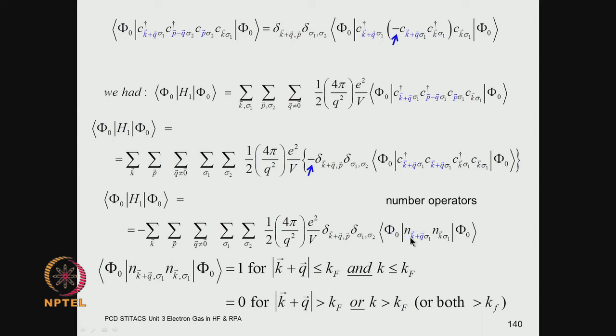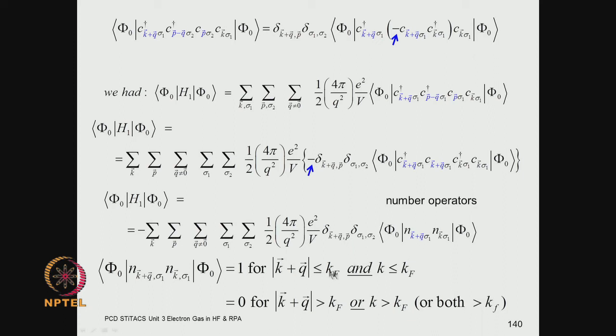So, the first number operator spells out that this matrix element will be equal to 1 for this k plus q less than or equal to the Fermi momentum in units of h cross, and the second condition should also be satisfied, because if either of these gives you a 0, the matrix element will go to 0.